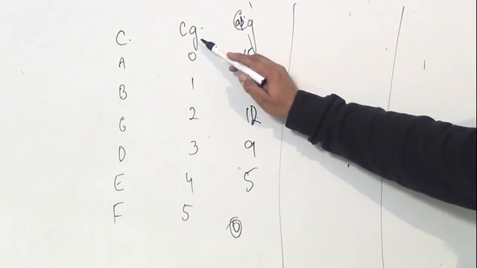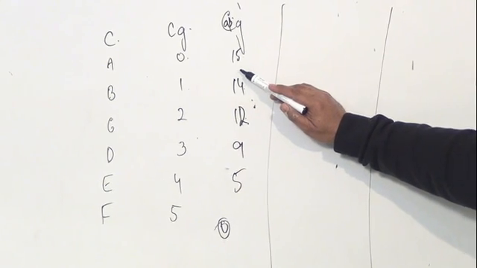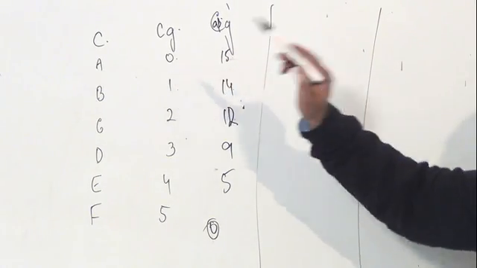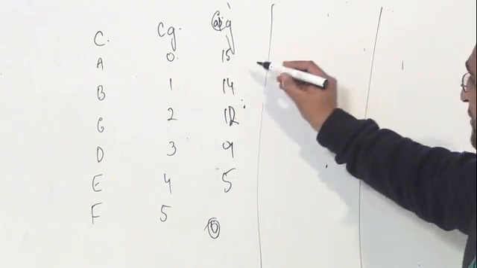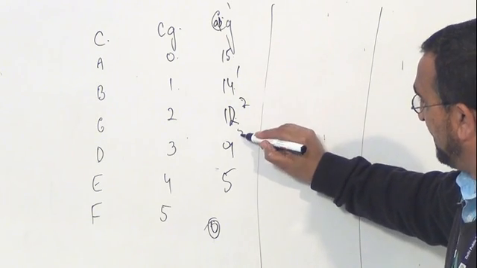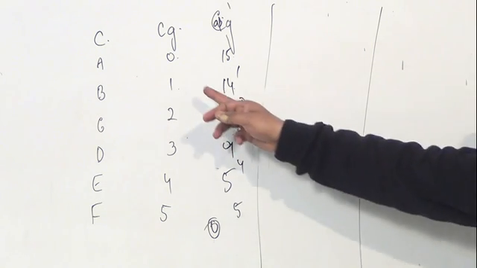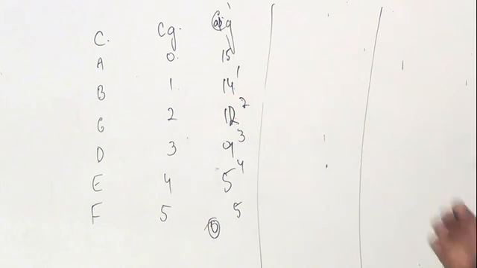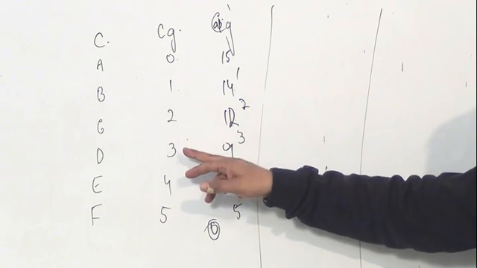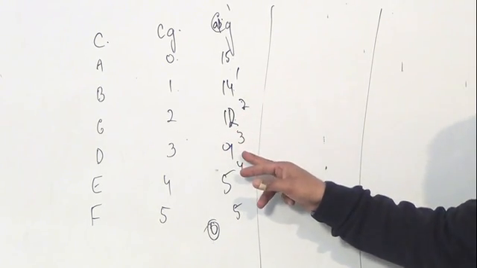See, when we produce 1 unit of consumer goods, we are sacrificing 1 unit of capital goods. Then when we produce 1 more unit of consumer goods, we have to sacrifice 2 units of capital goods.